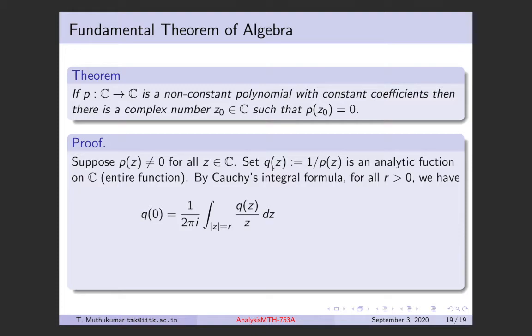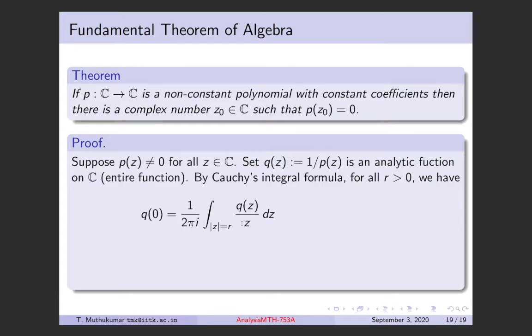Cauchy's integral formula says that if you have a holomorphic function, and if you have a closed curve, then for any point in the interior of the region bounded by the curve, the value can be computed just by knowing the values on the curve itself.